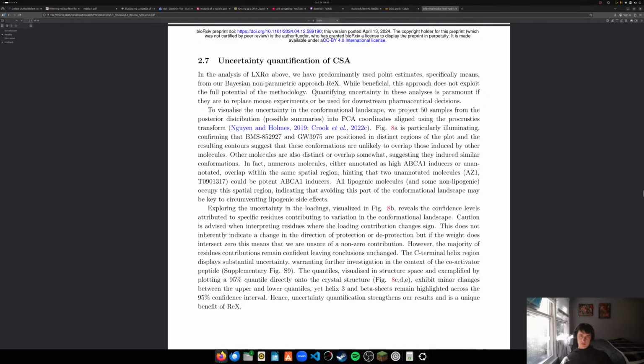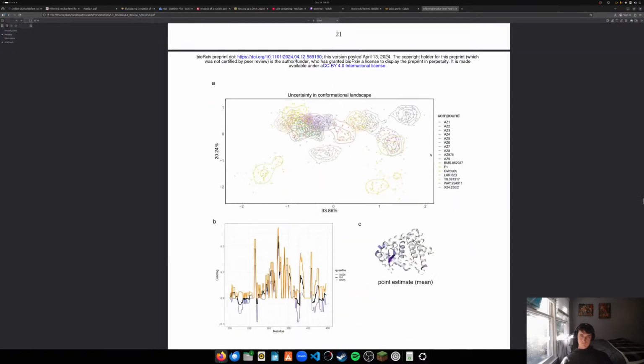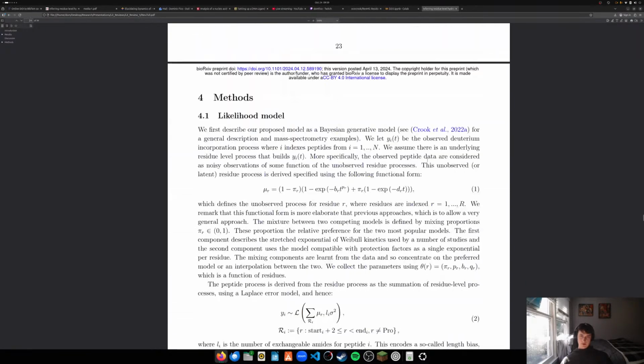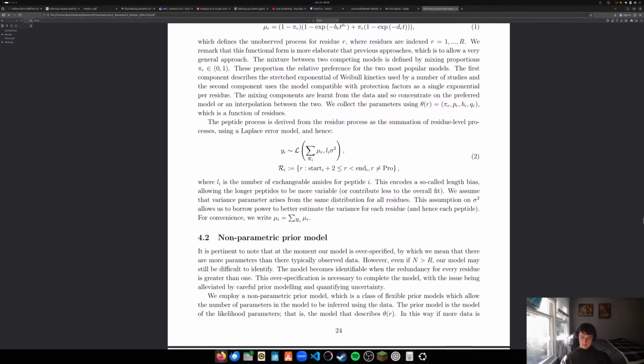Uncertainty quantification of CSA. We've predominantly used points, but I think I'm about done with that. So I'm going to do this. Start working on the PowerPoint.